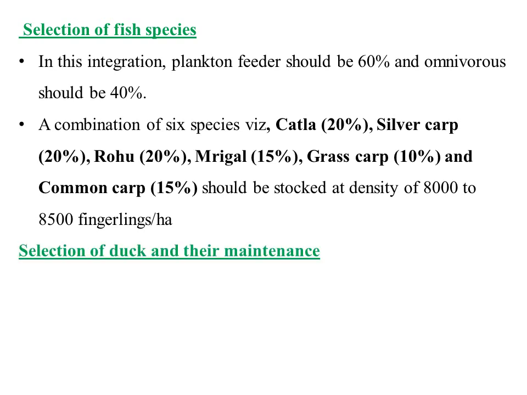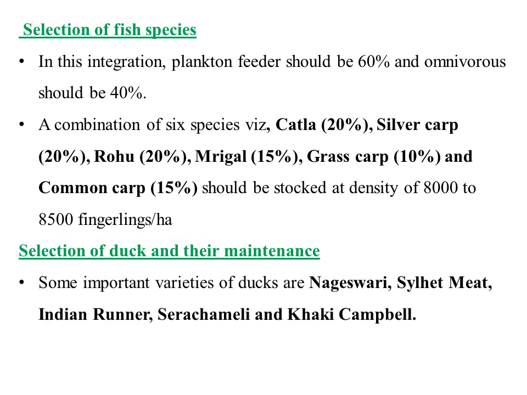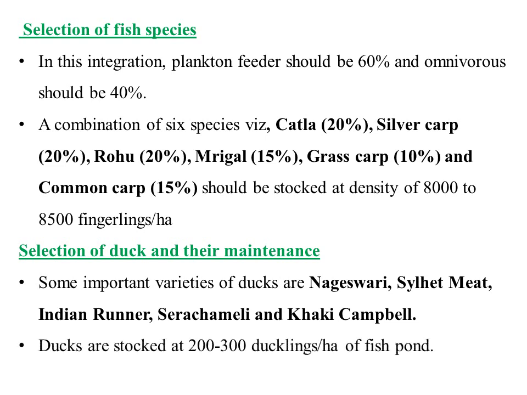And the duck varieties we select for the integrated farming system are from various duck varieties like Nageswari, Sylhet Meat, Indian Runner, Khaki Campbell and others, which can also be cultured in this type of integrated farming system.